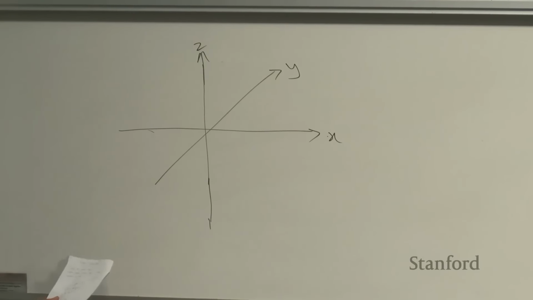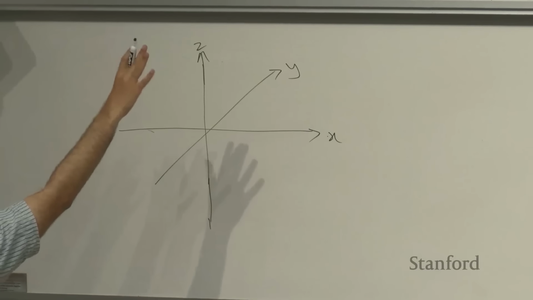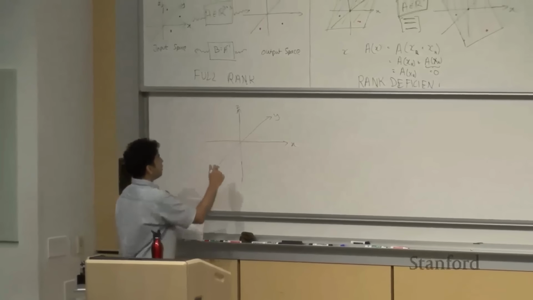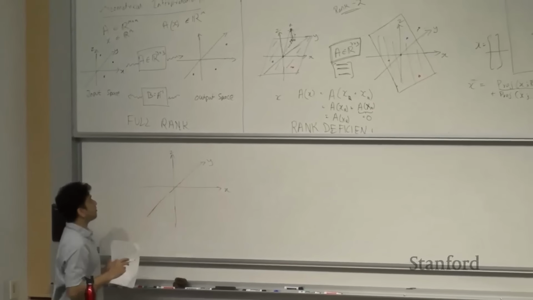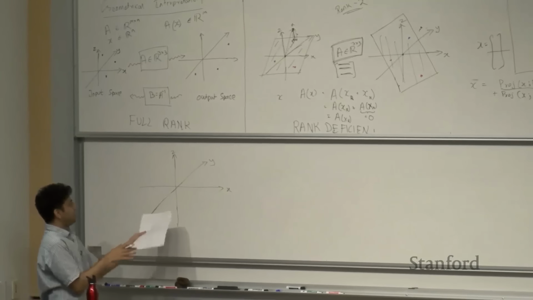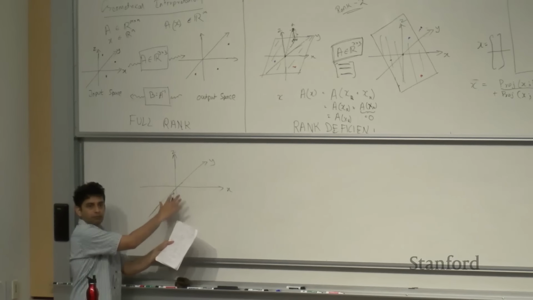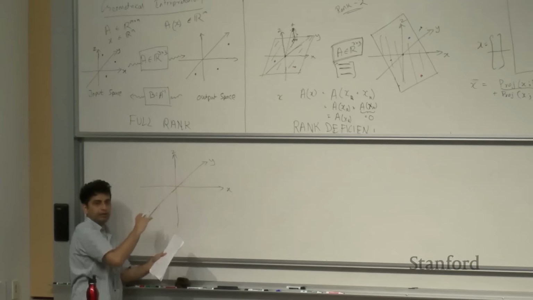In this diagram, we had two different pictures for the input space and the output space. But now, because A is a square matrix, we're going to overlay the input and output space onto the same space, right?